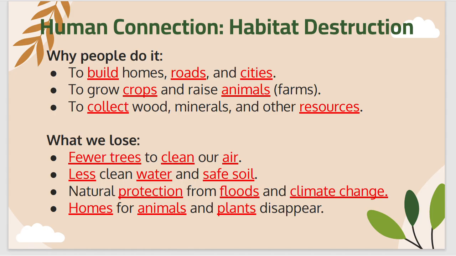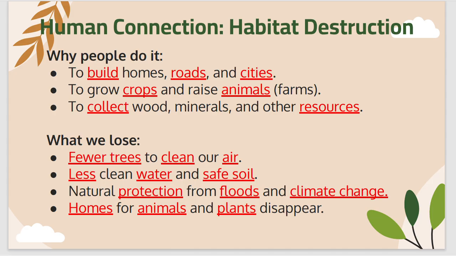Here in the desert, we call it desert sprawl, of sprawling out across the desert. And as we do that, we are taking desert land that are homes for our native species and destroying those ecosystems and turning them into homes in our cities. We also destroy habitats to grow crops and to raise animals.